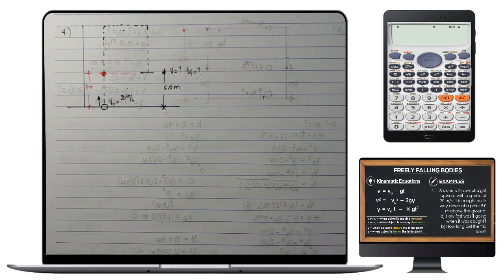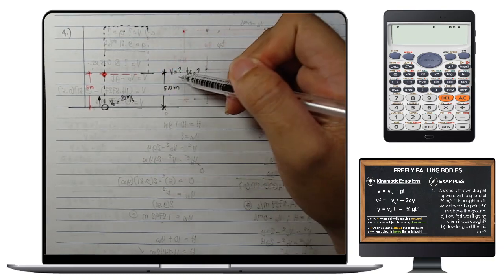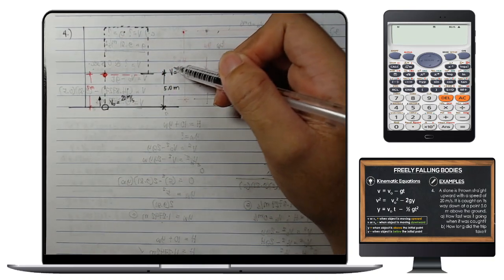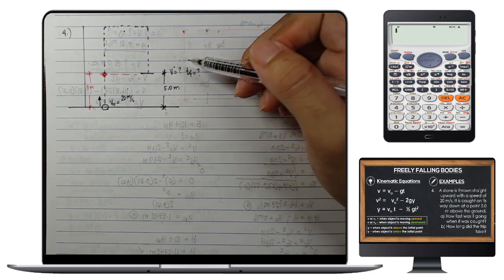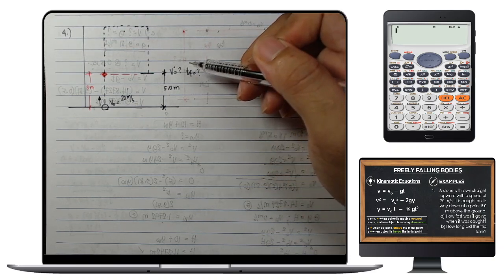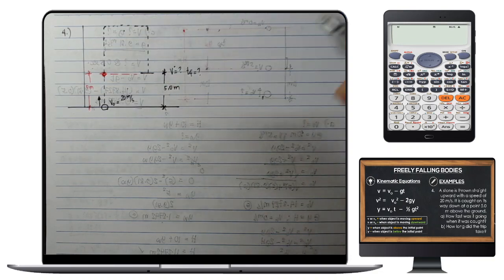So in solving this one, since we have the initial velocity and we are finding this v as our final velocity, then on its way down. Okay?